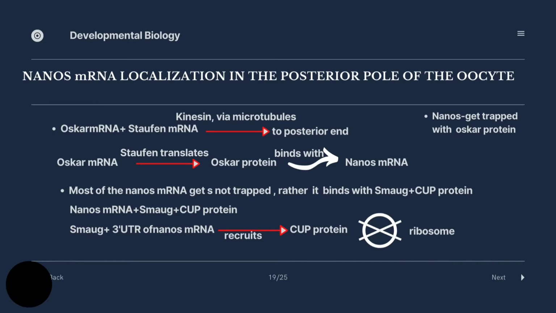Here, normally what happens is that the OSKAR mRNA binds with the STAUFEN protein, and with the help of a kinesin ATPase from the nurse cells, these are transported to the posterior end via the microtubules. And upon reaching the posterior region, this OSKAR mRNA is translated into OSKAR protein, which then binds with the nanos mRNA. And thus, this nanos mRNA reaches the posterior region of the oocyte.